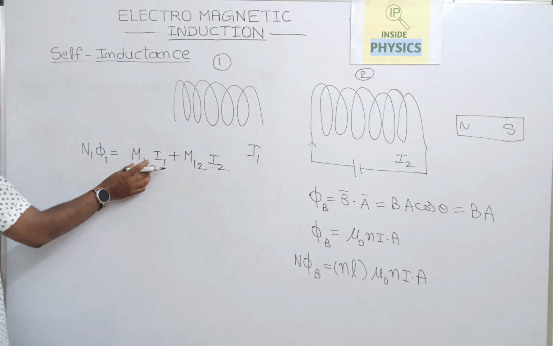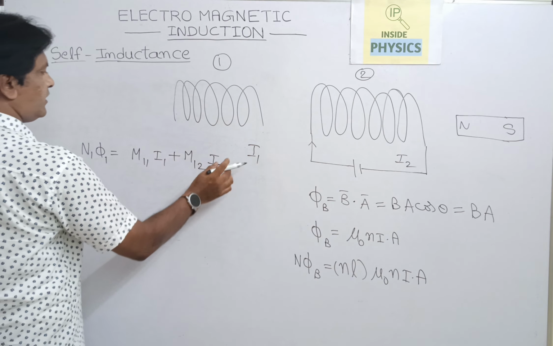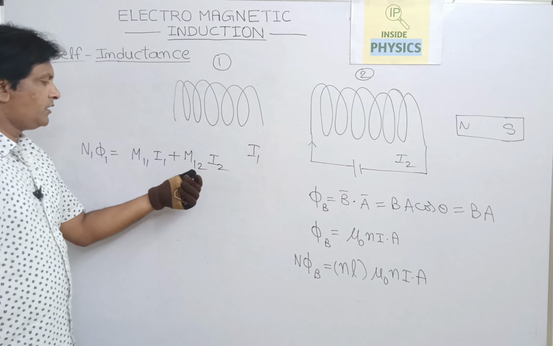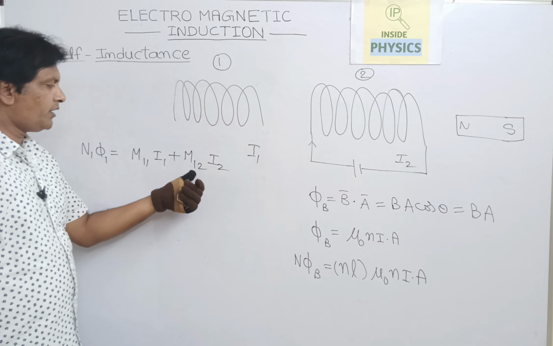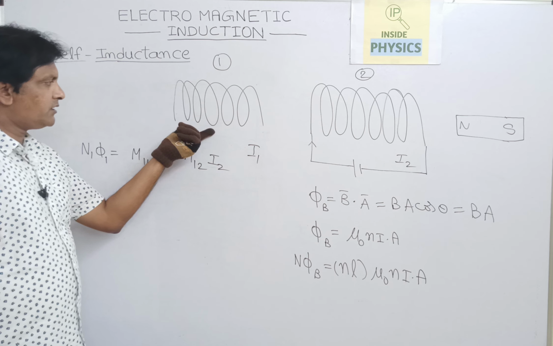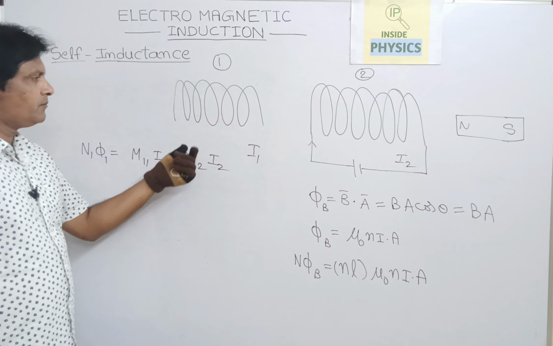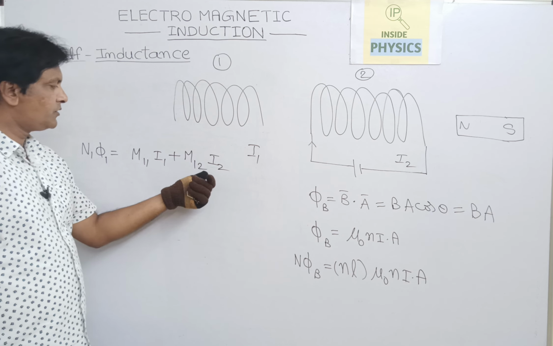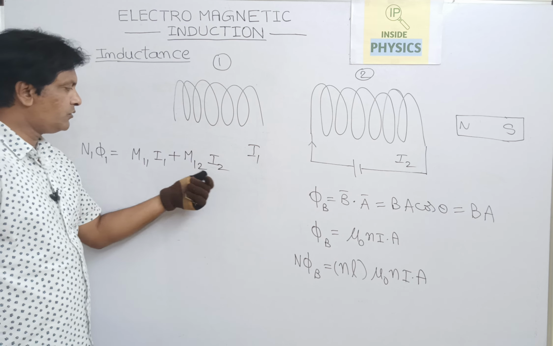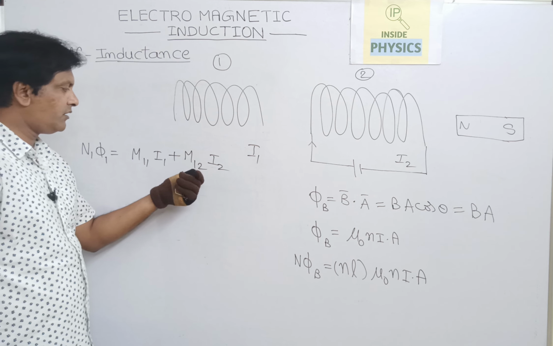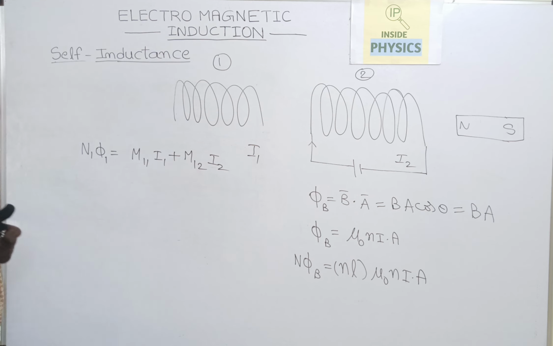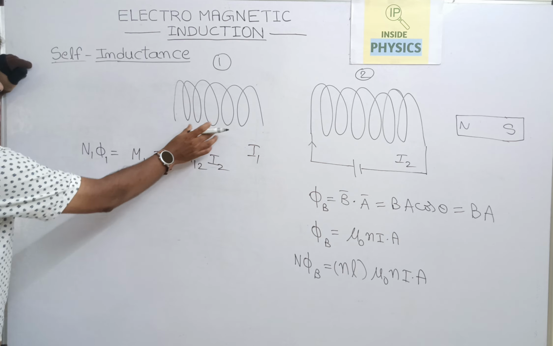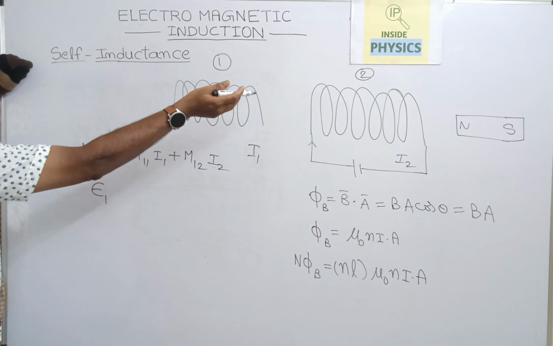I1 is the current flowing in the first coil, I2 the current flowing in the second coil. M12 means the induction in 1 due to 2, the variation of magnetic flux in the first coil due to the second coil.